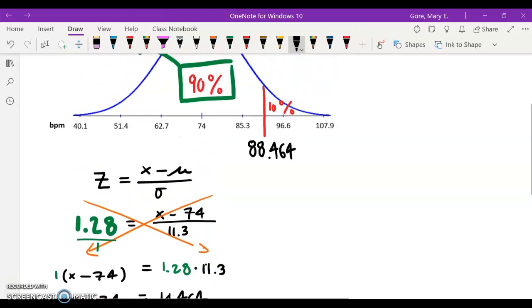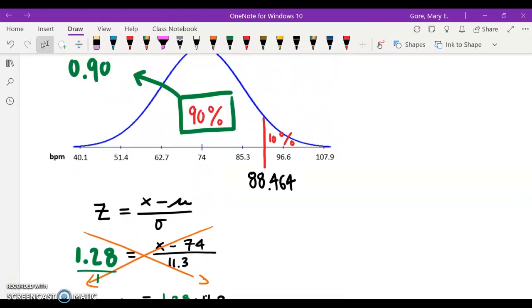And what's really comforting about that, if you look at the axis, 88.464 is a number that naturally falls between the 85.3 and the 96.6. So I'm feeling very confident about this. Hopefully my algebra is all sound down there, no arithmetic errors. So we could say approximately 88 beats per minute.